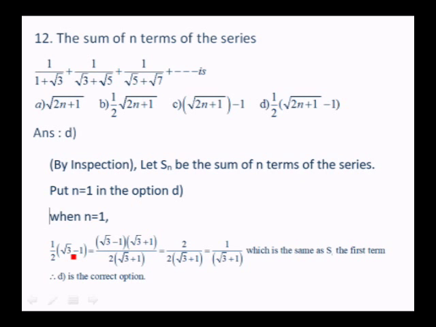Rationalize: root 3 minus 1 into root 3 plus 1 over 2 into root 3 plus 1, which is 2 over 2 into root 3 plus 1, or 1 over root 3 plus 1, which is the same as, yes, the first term. Therefore, D is the correct option.